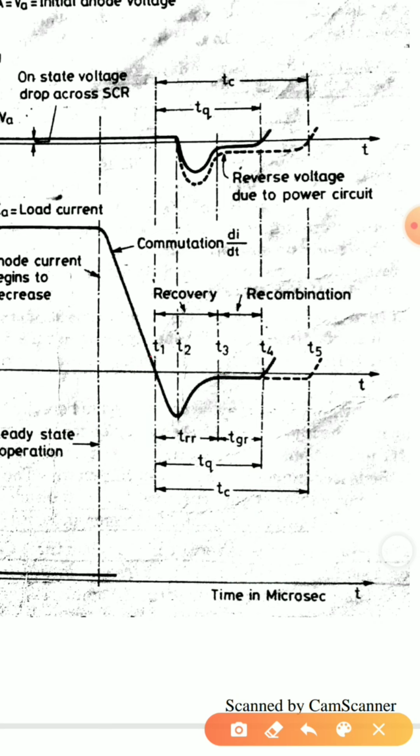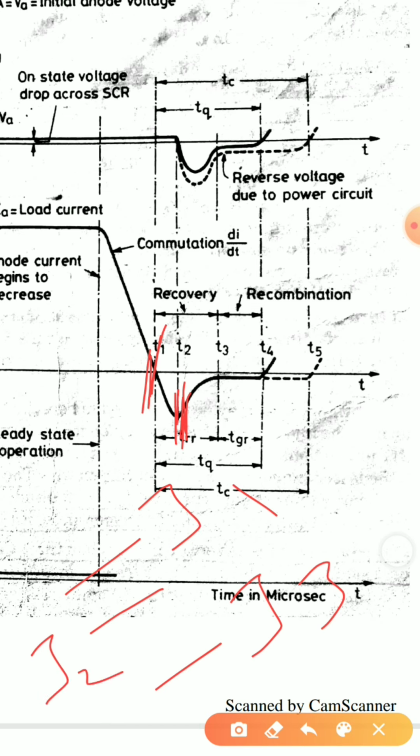From time duration T1 to T2, whatever reverse current is flowing is due to the change in direction of the anode current. Now at J1 and J3, all the recombination has been done. After this, almost all the charge carriers have reached their initial position.